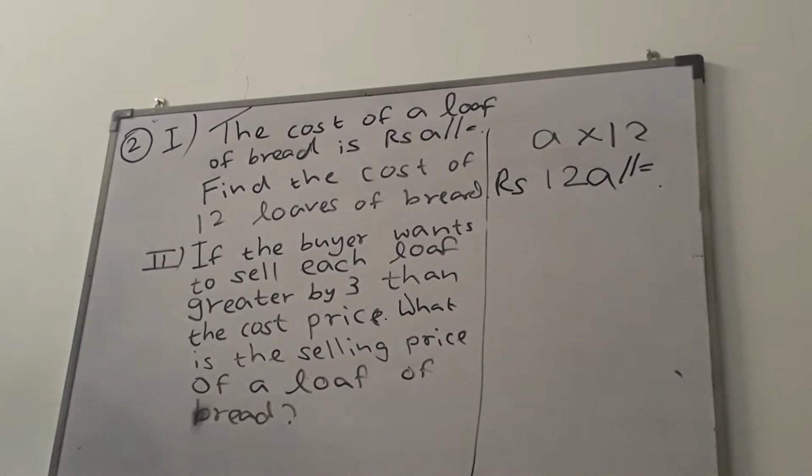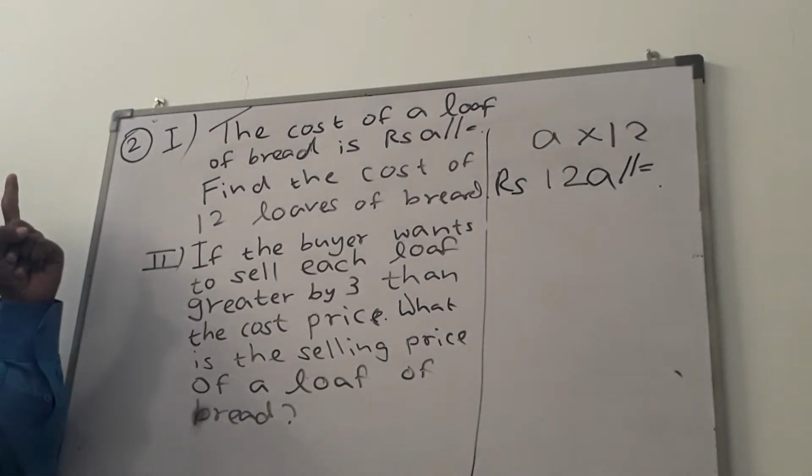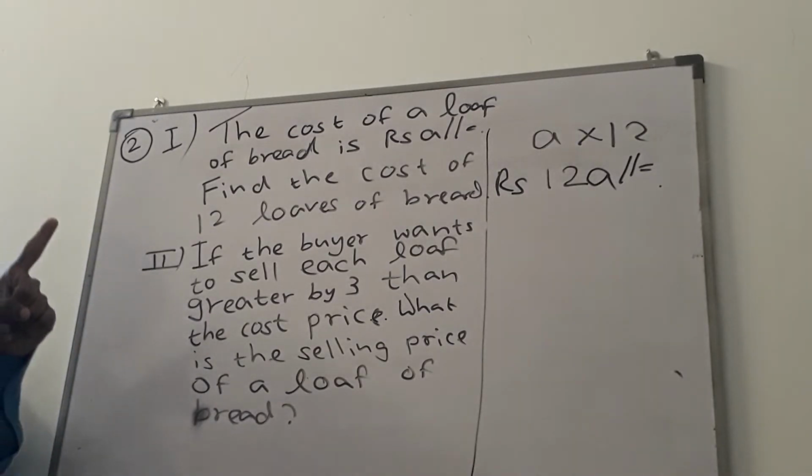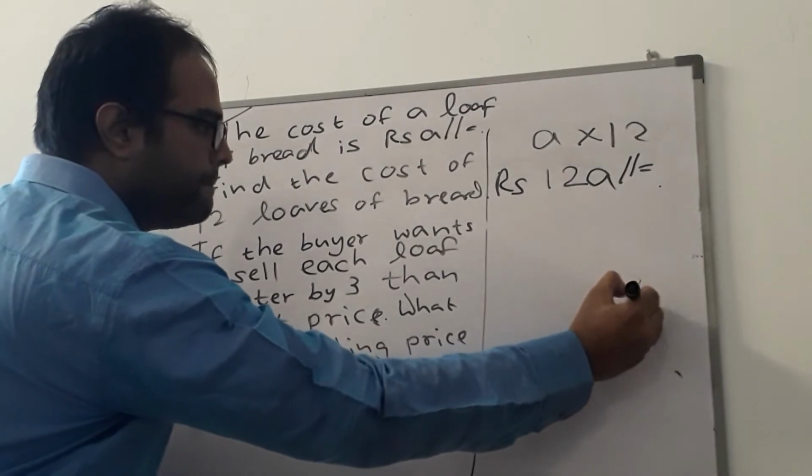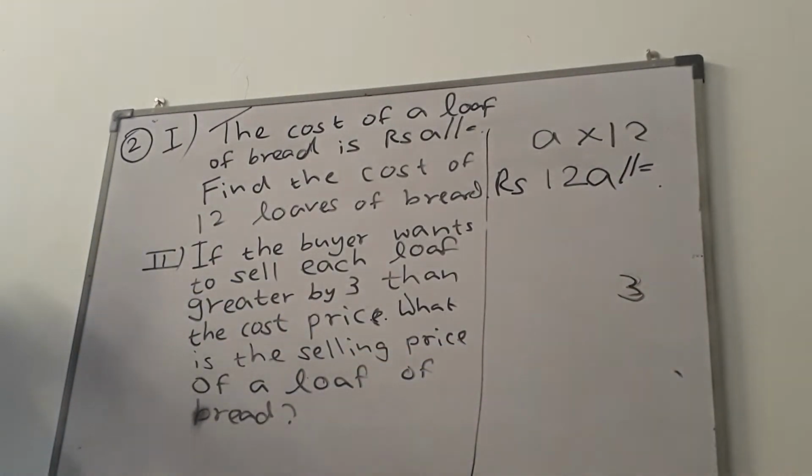Each loaf means 1, not 12 loaves. The price of it has to be greater by 3 than the cost price. The cost price is A, and we have to sell it greater by 3 than A. So we have to add 3 to the cost price of a loaf.